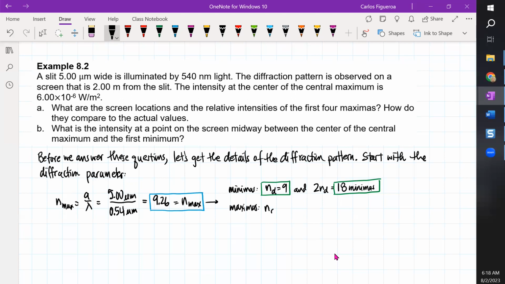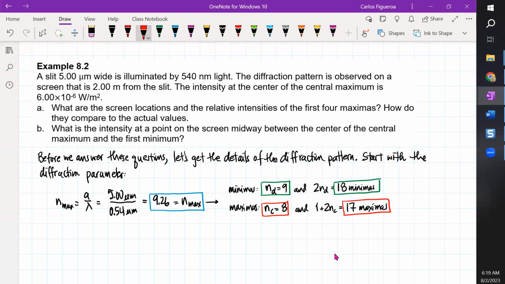So therefore, N_C has to be 8, because it's 8.5. And then the total number of these is going to be 1 plus 2 times 8, which will give me 17 maximas. And I should be careful when I say this, because what this really tells me is that this is the full number of maximas, the full brightness of the maximas, or secondaries at least.